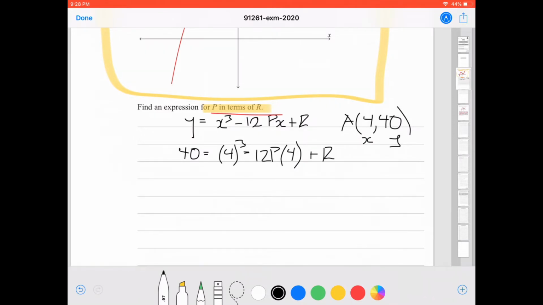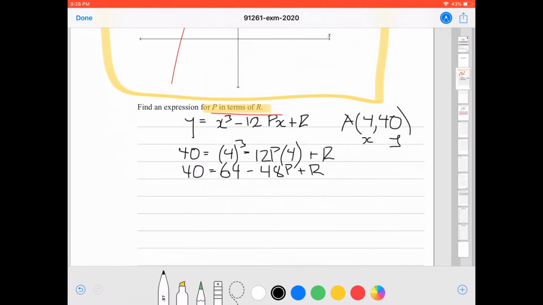Okay, we can tidy this up. We can say 40 equals, now 4 cubed is 64, minus 12 times 4 is 48p, plus r. So we've successfully gotten rid of x and y.